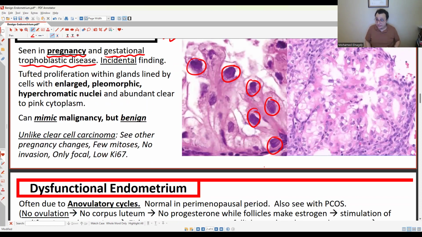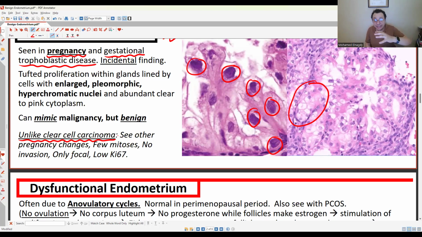No way. So which type of cancer might these cells trick you with? What do you think? Clear cell? Clear cell, yeah, exactly. See, hobnail. And that's why they're saying unlike clear cell carcinoma. Most people get tricked and just overdiagnose this as clear cell carcinoma.